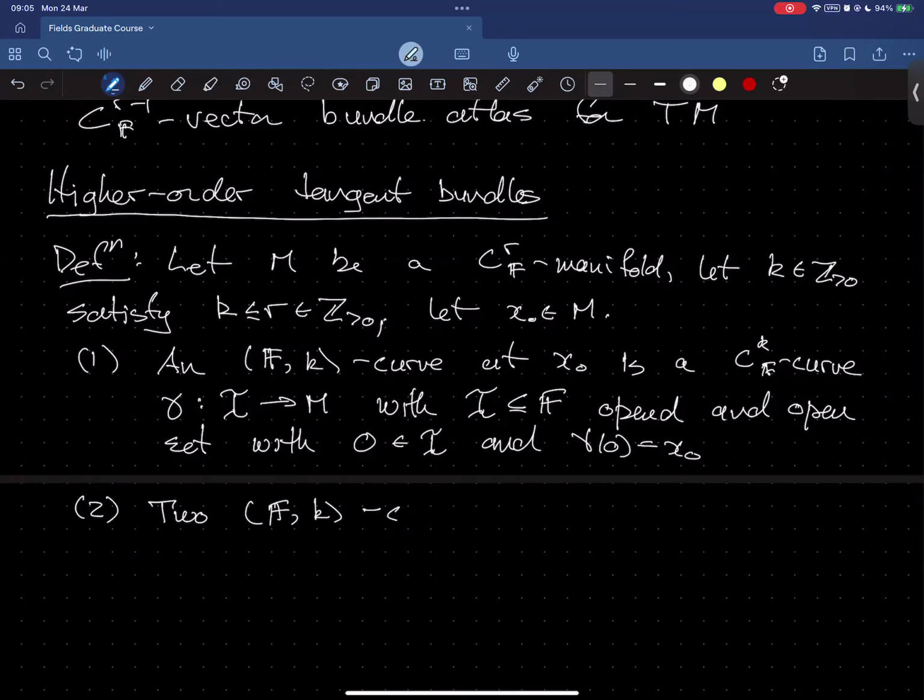Now two C^k curves, gamma A, let's say, from I_A into M at x naught. Okay, and there's two of these.